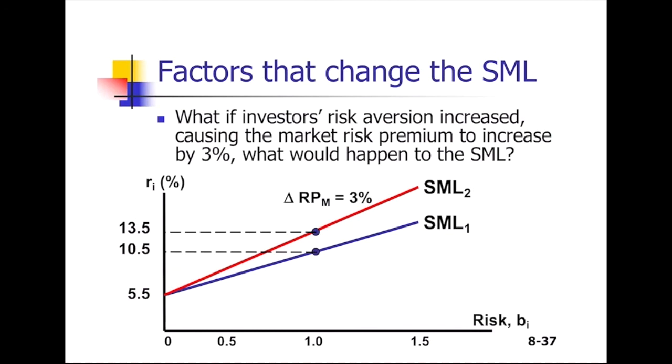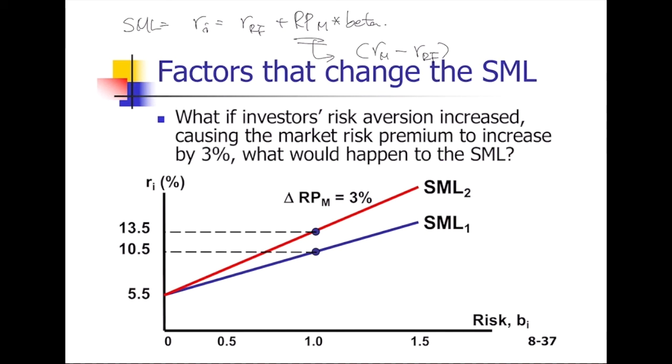And the second factor that will change the security market line is the risk premium of the market. So it is about here, the security market line. We can write Ri, RRF, market risk premium multiplied by beta, right? And market risk premium is market return minus the risk-free asset.